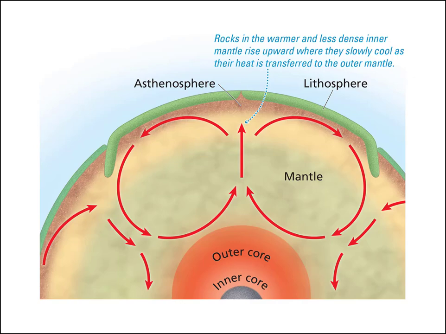Rocks in the warmer lower mantle rise upward where they slowly cool as their heat is transferred to the upper mantle. As the rock material cools, its density increases, and the rocks begin to sink and move downward, also aided by gravity. The up and down movement of rock material in Earth's interior is the result of these convection currents, which power the process of plate tectonics.